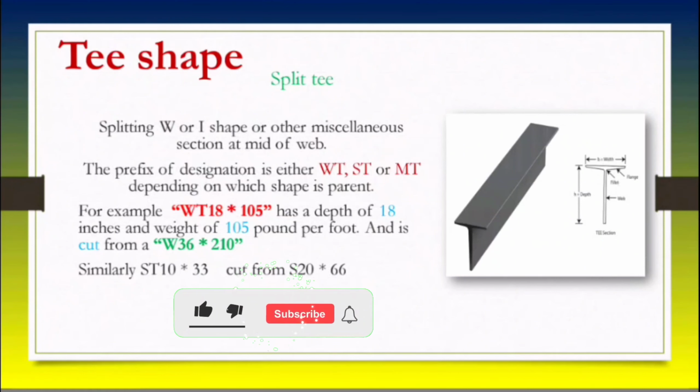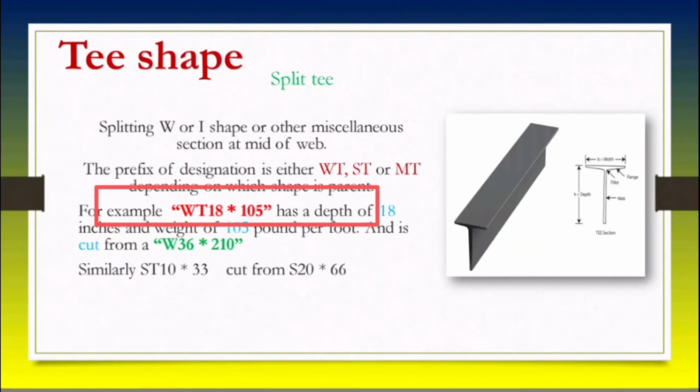So for example, if I cut the W shape in the middle, I will designate this T shape by WT18x105, while the parent element for this shape is W36x210. So this means that the T section is cut from the W shape, 18 represents the nominal depth, and 105 represents the weight in pounds per foot of length.